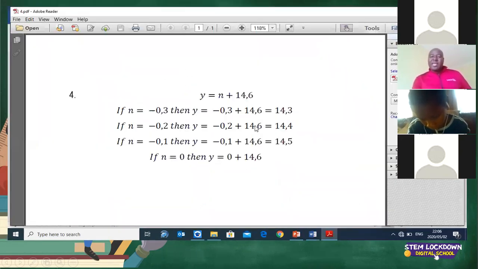So as you can see, if n is negative 0.3, then y is equal to negative 0.3 plus 14.6, which is 14.3. So you simply subtract 0.3 from 14.6. And you do the same. Find the values of y. So basically, that will be your flow diagram.